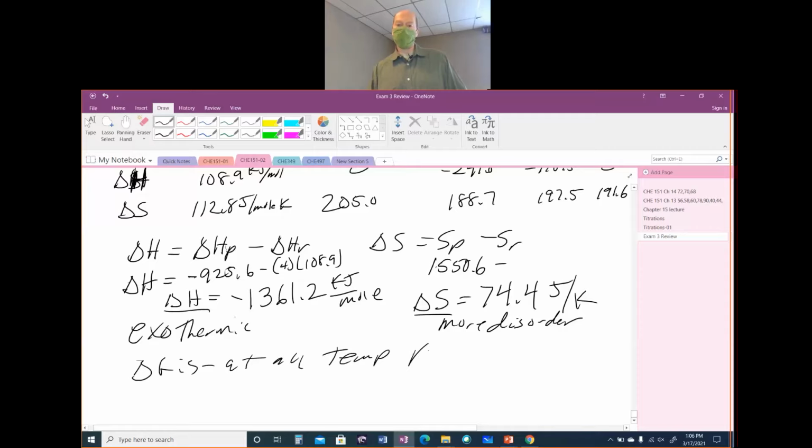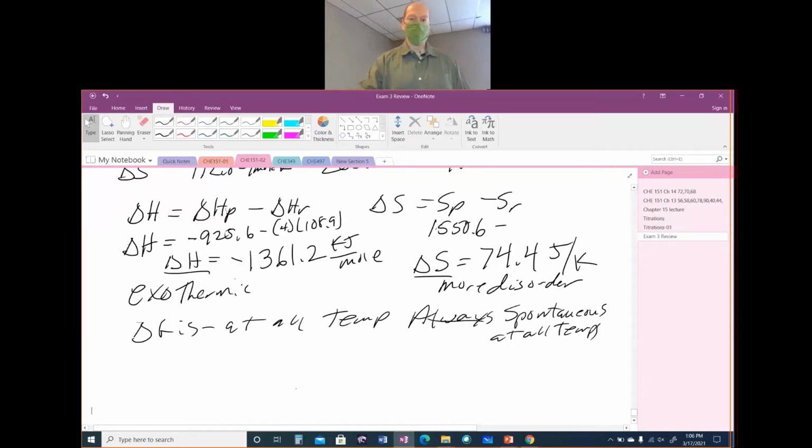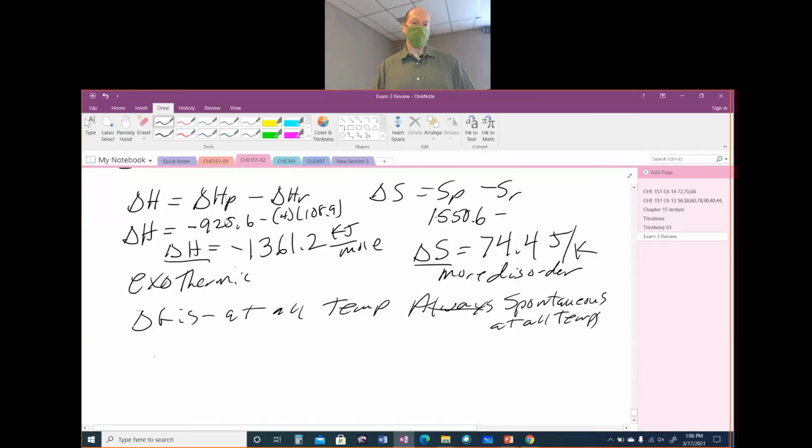So it's always spontaneous, or simply spontaneous at all temperatures. So we know we're going to get a negative number. So we just need to find what that number is, and that is your delta G is equal to your delta H minus the T delta S.